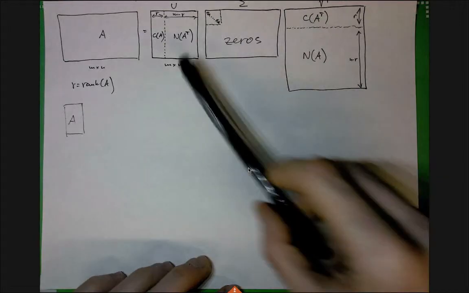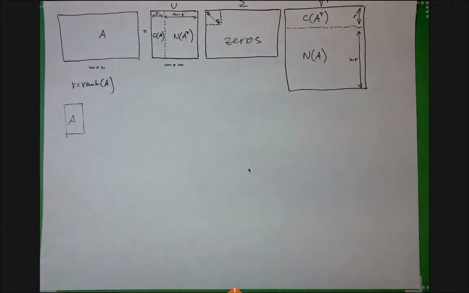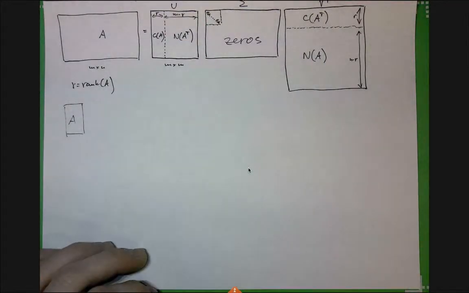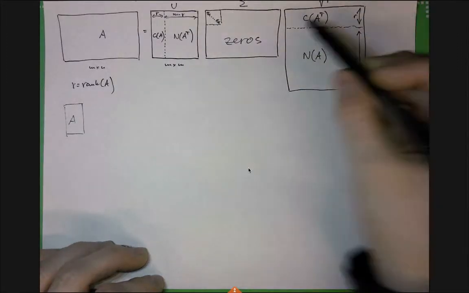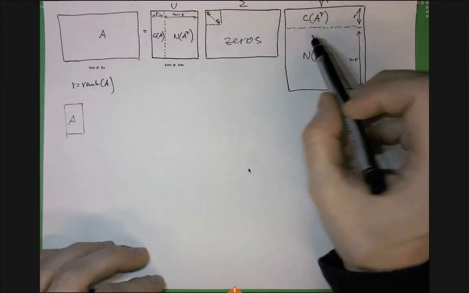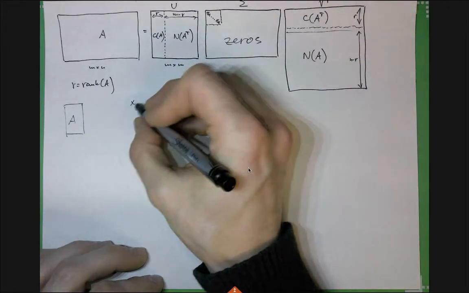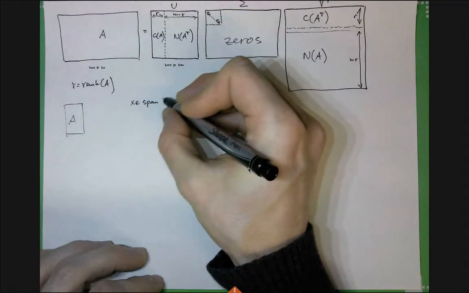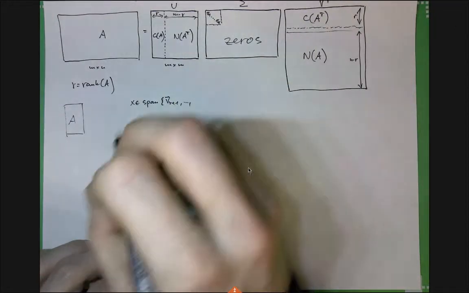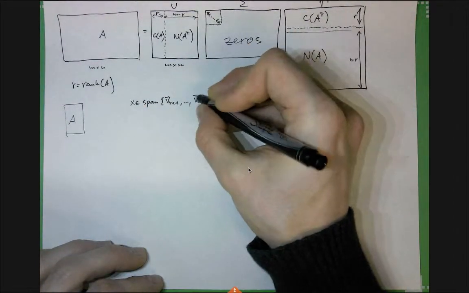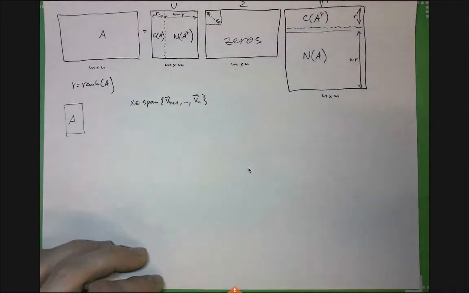Now let me explain why this is true, why these are really the null spaces. It's sort of simple. So let's consider I take an arbitrary vector which is an arbitrary linear combination from these column vectors. So let's take an x which is from the span of V_{R+1} to V_n. I should put the dimensions here, right? This is m by n, and this is n by n matrix.